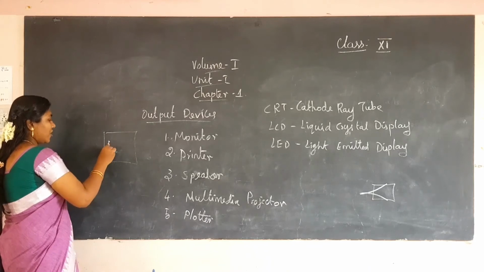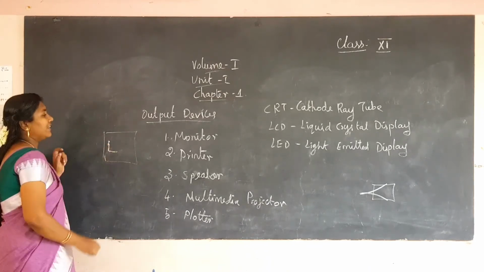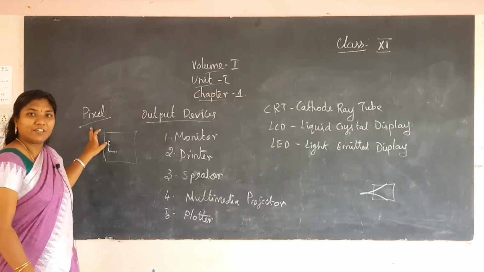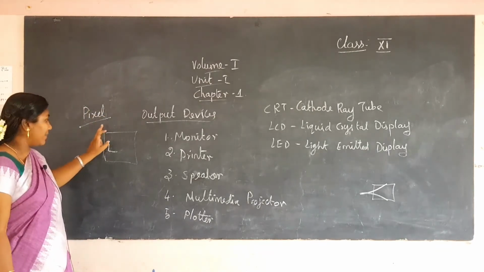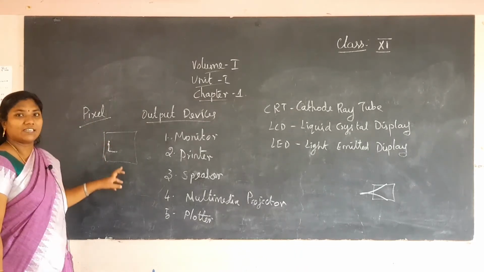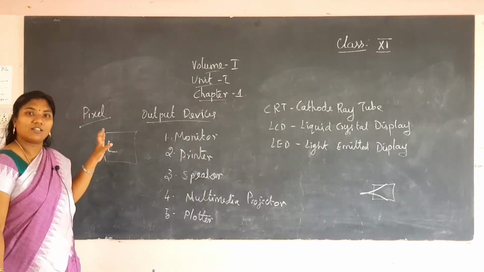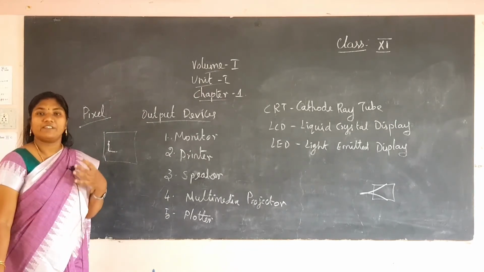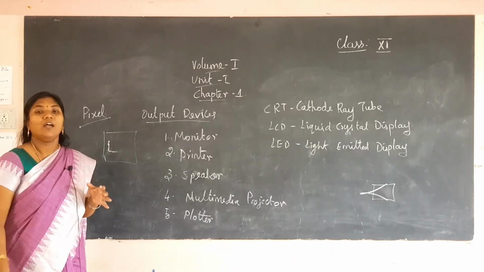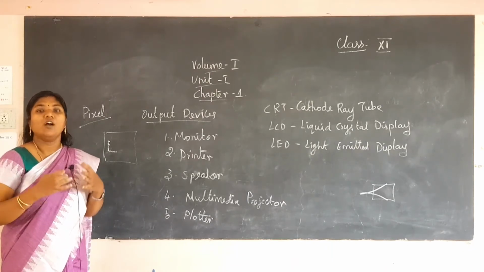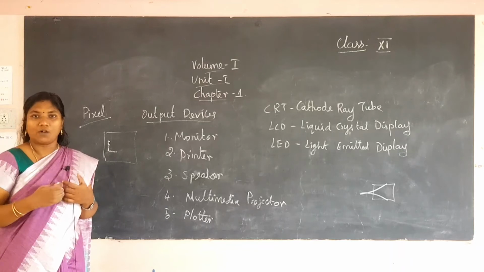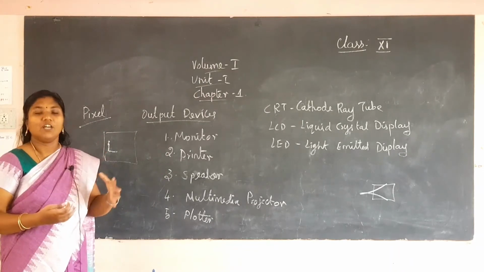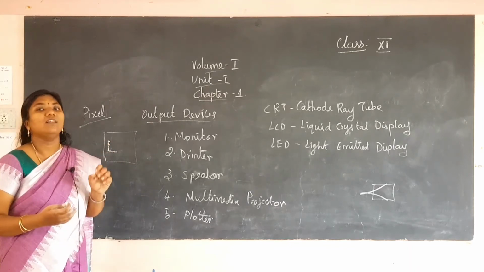These dots are called pixels, that is picture elements. Whatever characters, images or pictures we display on the screen are formed with the help of pixels only. It is not visible to us as dots; when we see it, it is seen as an image or a character, but it is made up of tiny dots called pixels.